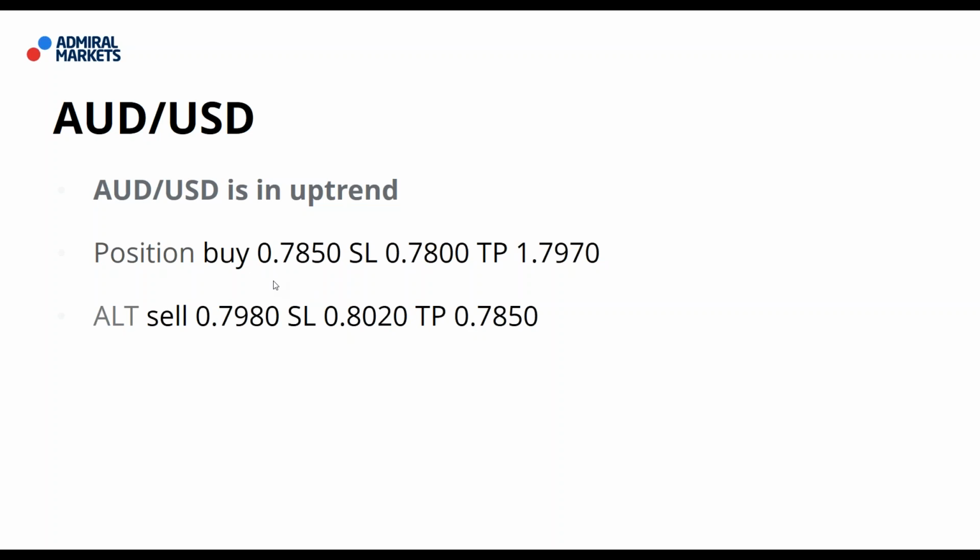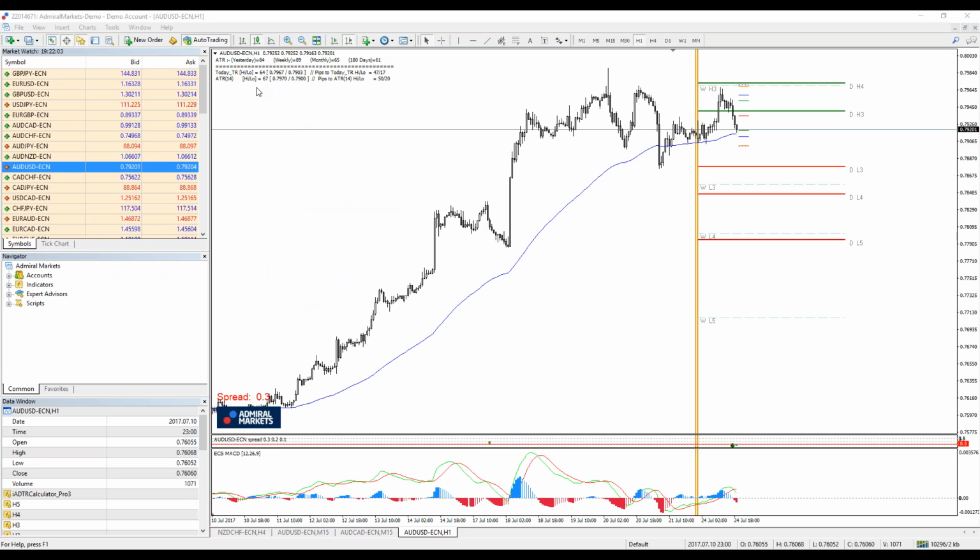Australian dollar is buy at 78.50, sell at 79.80. Australian dollar is the pair that doesn't have a lot of ATR. It has only 67 pips, so it's suitable for range bound trading with occasional trends on lower time frames.